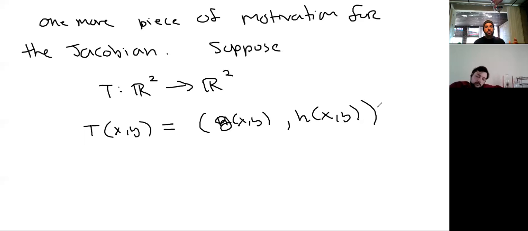So now this is an interesting thing for us. We haven't done this yet. We haven't talked about a function that has multiple inputs and multiple outputs. We've had one input to multiple outputs, and we've had multiple inputs to one output, but we've never had this.